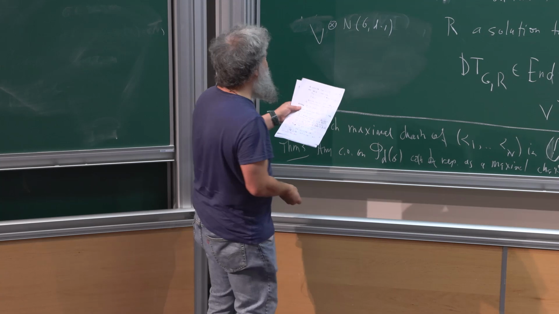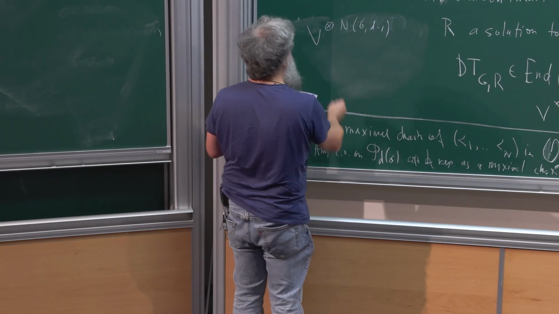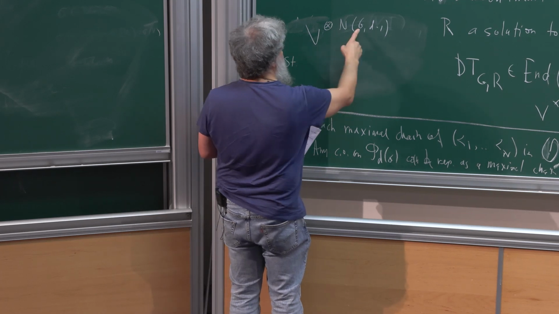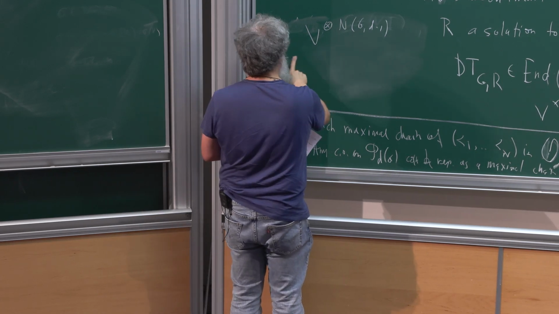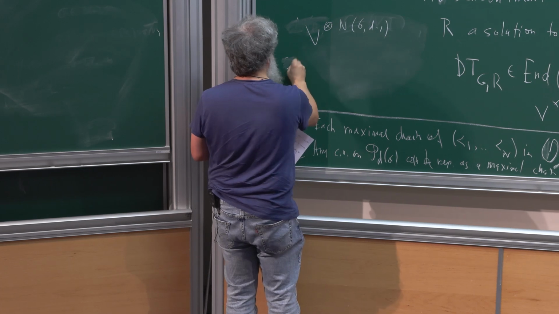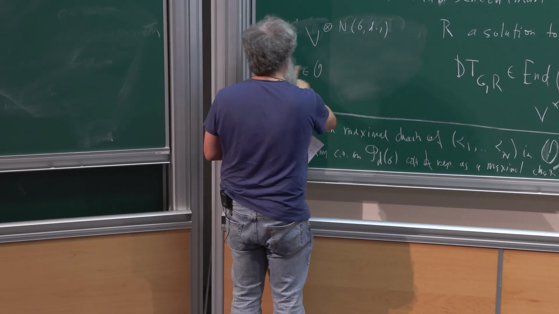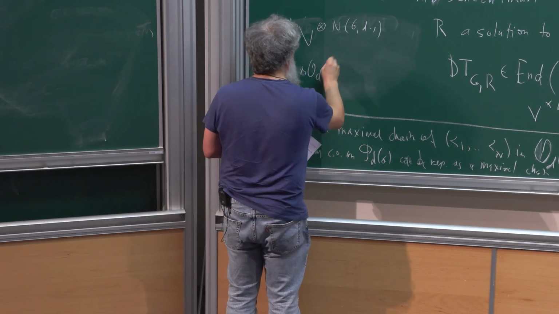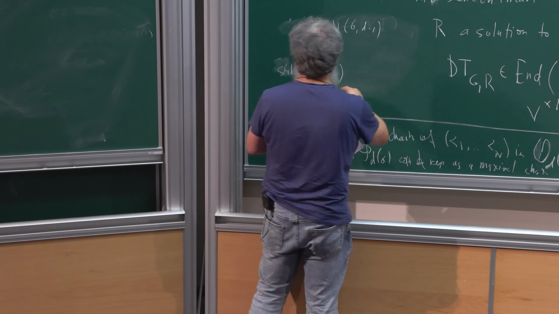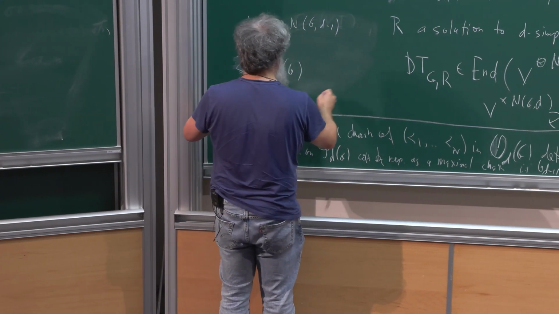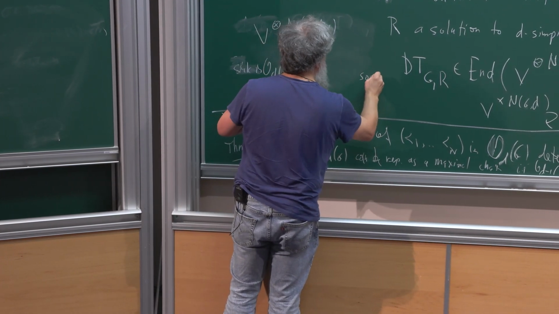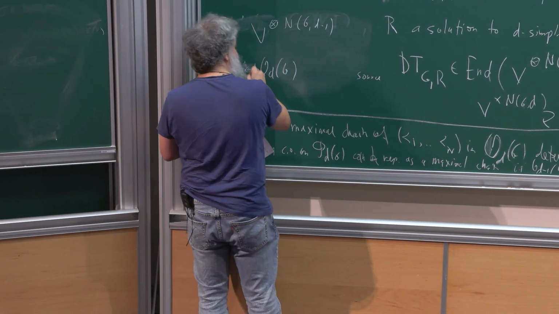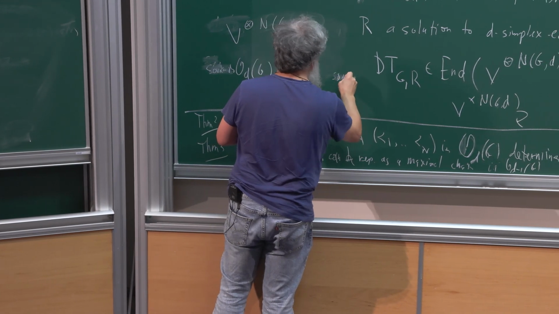So we have this tensor product. Now we take the standard order. We take a standard element in O_D of G, and we consider source and sink, vice versa, source and sink in O_D.